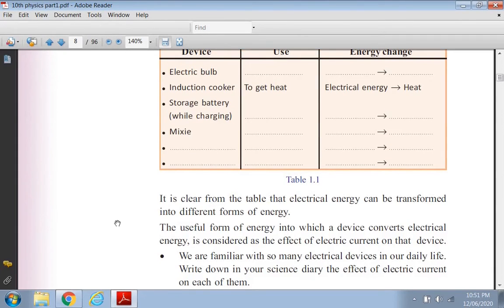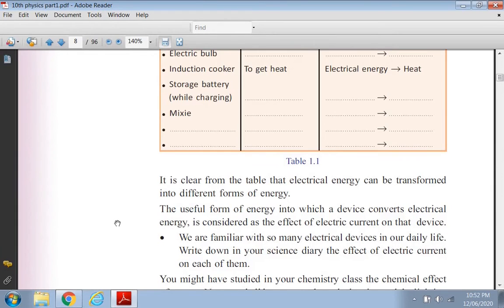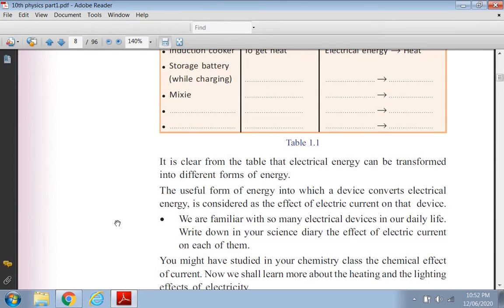Then we have the mixie. What do we use mixie for? We use it to get mechanical energy. What kind of energy change happens here? Electrical energy to mechanical energy. Next, electric stove. What do we use it for?